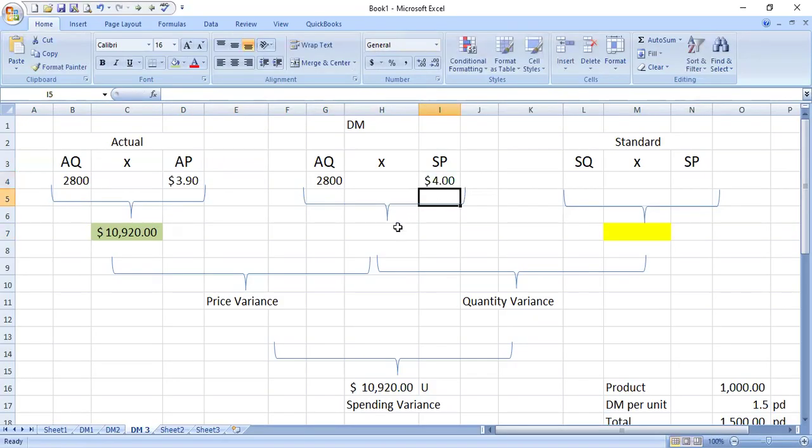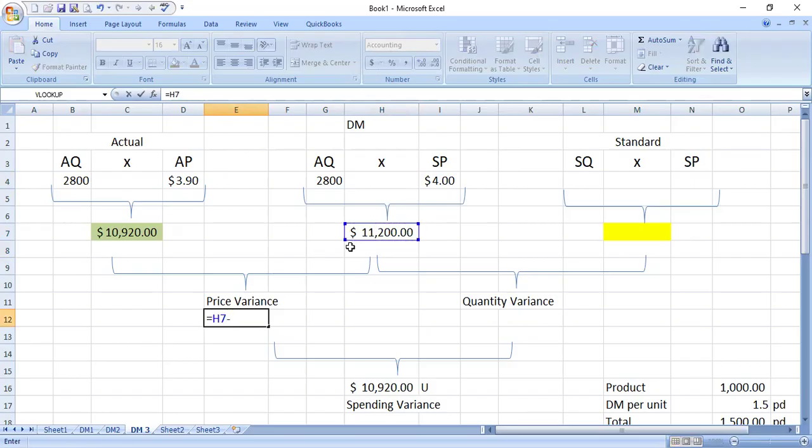And I can get this variance, 2,800 times $4. I'm going to get the price variance, which will be 11,200 minus 10,920. That will be 280. So am I overspending or underspending in this case?